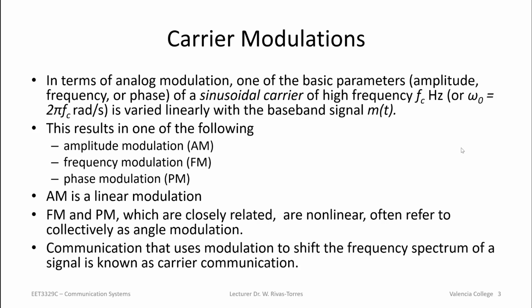Now, AM is known as a linear modulation, while FM and PM, which are closely related to each other and have lots of similarities, are nonlinear. You'll often hear in the trade FM and PM referred to as angle modulation. Now, communications that use modulation to shift the frequency spectrum of your information signal is what we know as carrier communication.